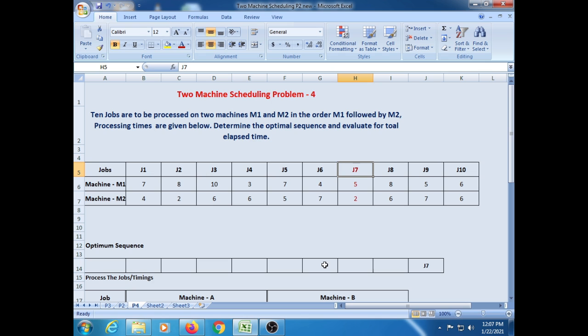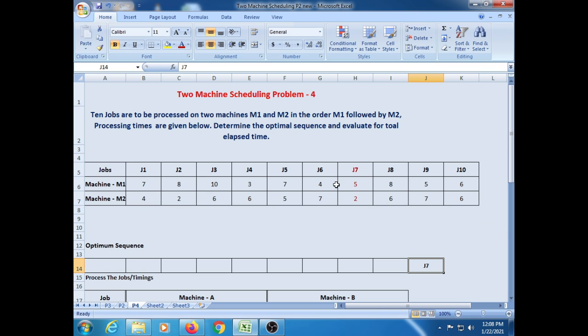Here we have only 10 boxes and only 10 jobs, so we place the 10 jobs only once. If I place a job in the optimum sequence, it never comes again. That's why I have given a color to job 7, for knowing purposes.